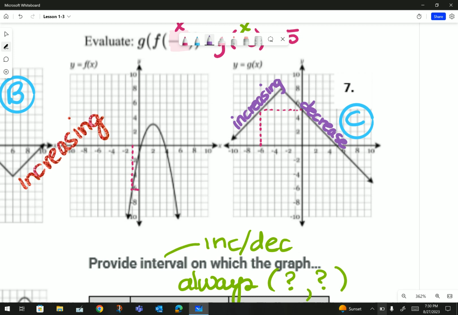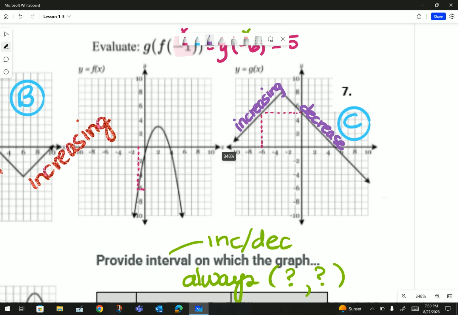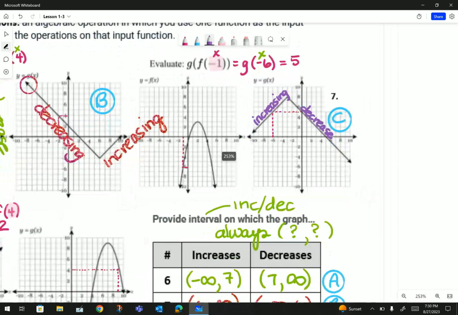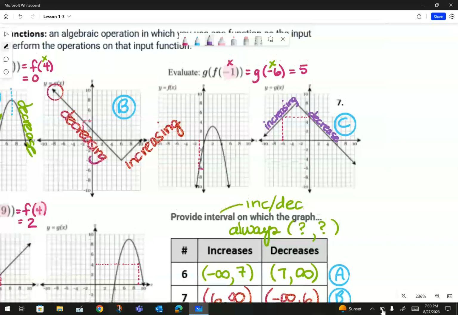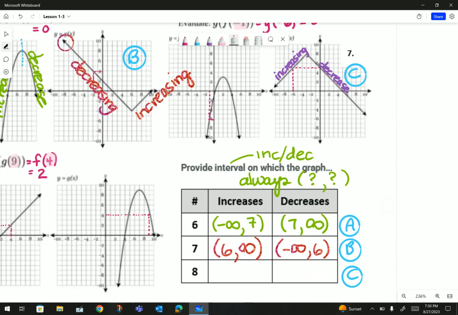Okay, so how do we write that in interval notation? Well, where was the change happening from increase to decrease? Right here. Okay, this vertex, what value? That was -3. Okay, it changed right there at -3. So let's do this again. So first we started with increasing.